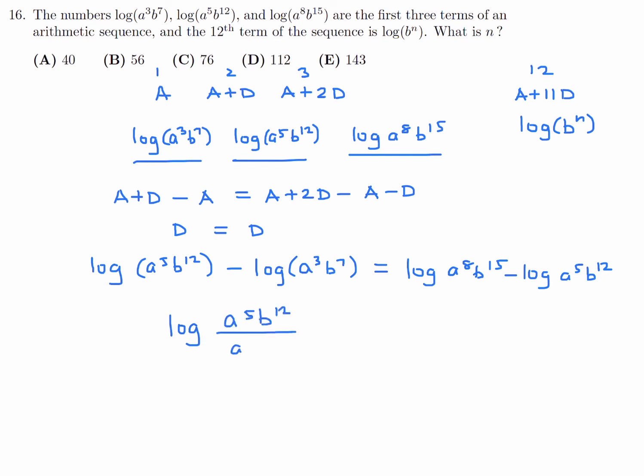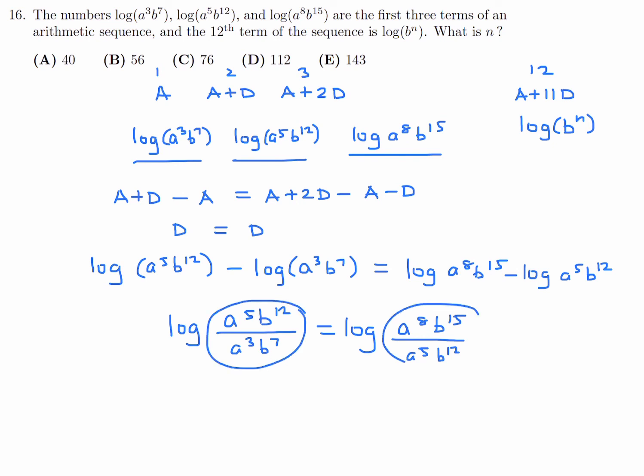So a^5 b^12 over a^3 b^7. And similarly, the same kind of story over here. All right, simplifying, well, we can drop the logs actually. Since the log of this is equal to the log of this, those two have to be the same. And if you drop the logs, you just get this is equal to this. But we can simplify a little bit.